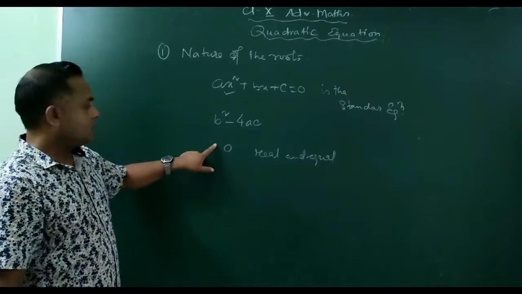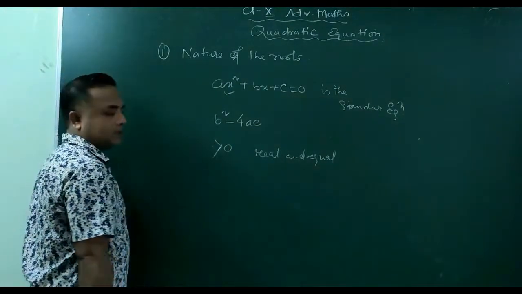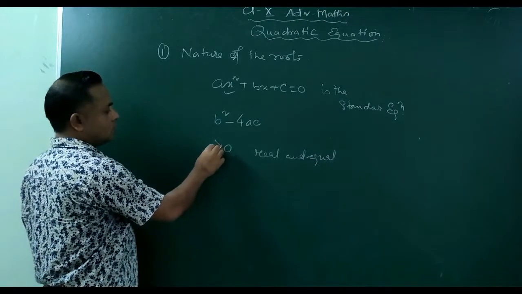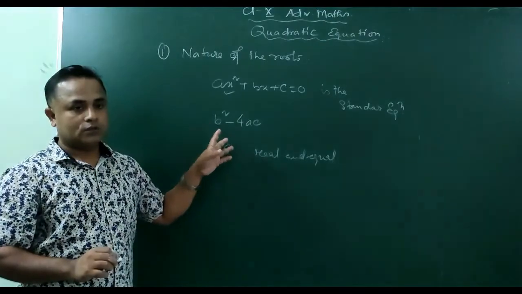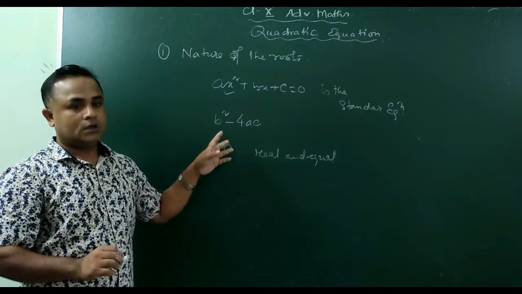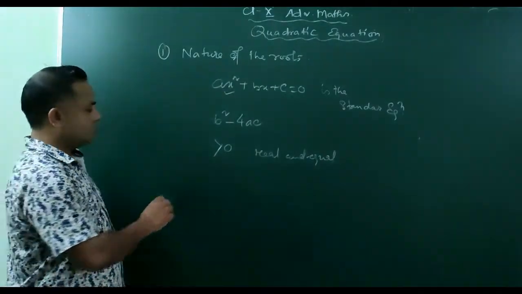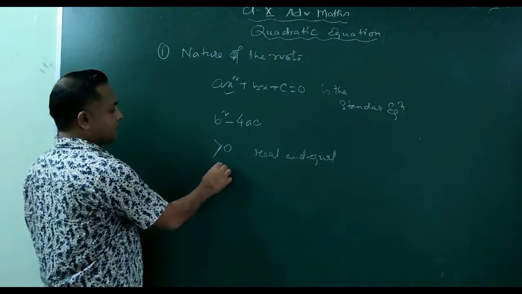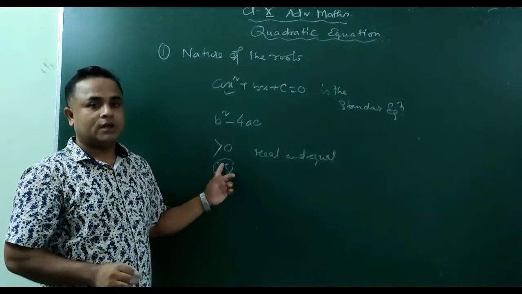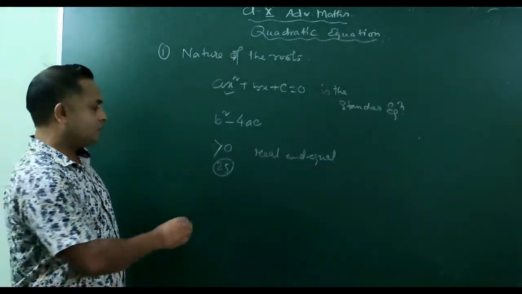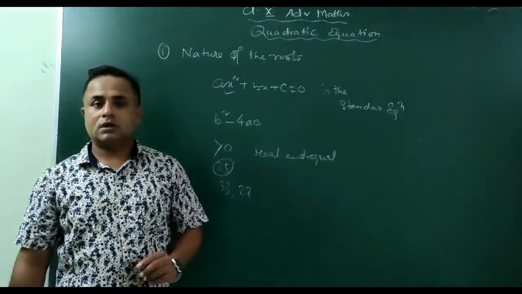If the result is more than 0, then the roots are real but unequal. In that case also there are 2 types. If it is like 25, which is a perfect square, then we call it rational. If it is an imperfect square like 33 or 22, then we call it irrational.